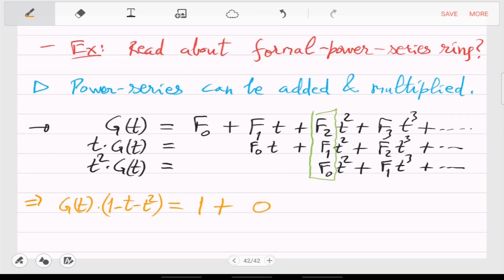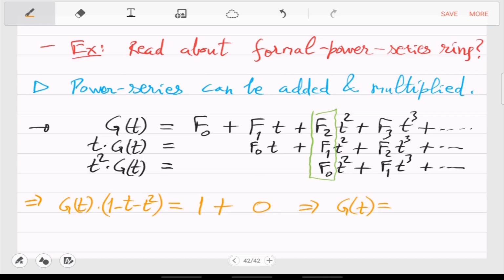Now you have a finite one, right? This is the magic, which means that somehow G(t) is very special. G(t) looked infinite, but it is not. It turns out to be somehow finitely representable, and you have deduced that G(t) is a rational function.